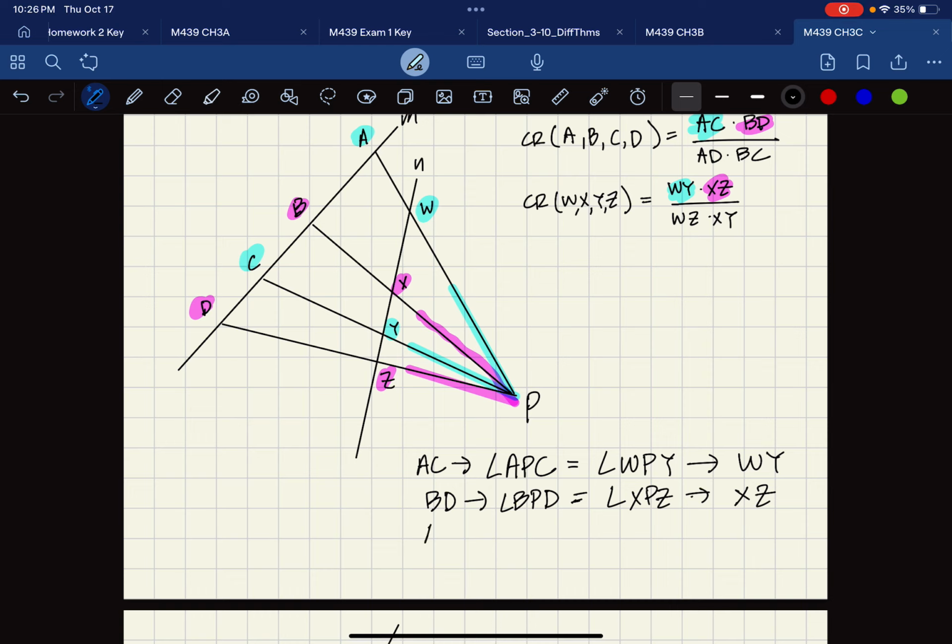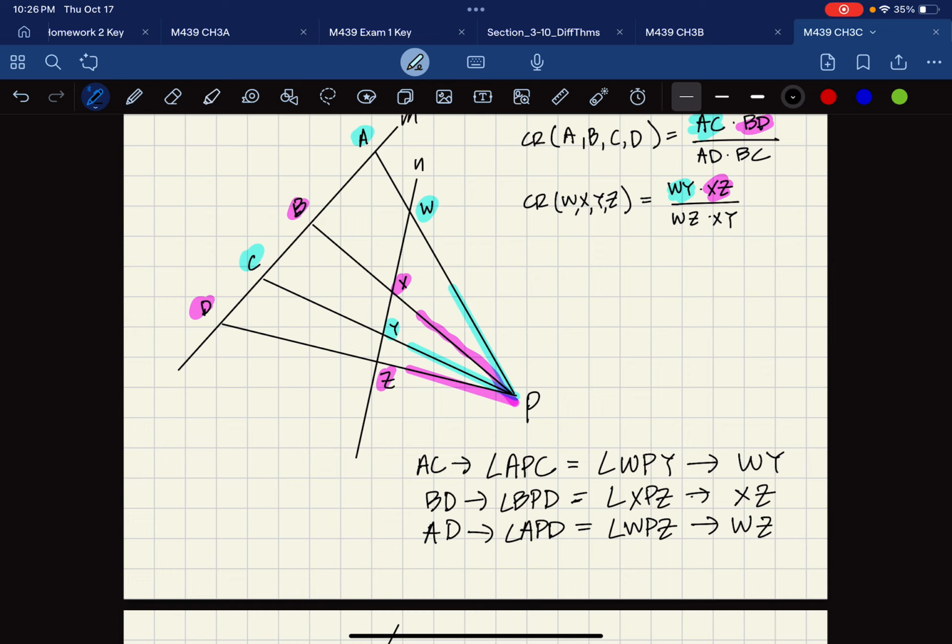And on the bottom we can check it as well. Let's see, if we were to do AD, then that would be associated with the angle APD, which would be equal to the angle WPZ, which seems to be predictive of the length WZ on the bottom of the fraction.